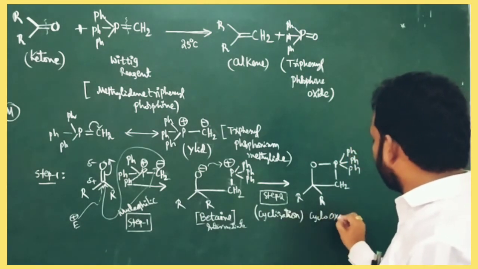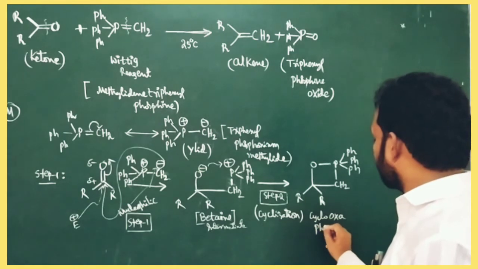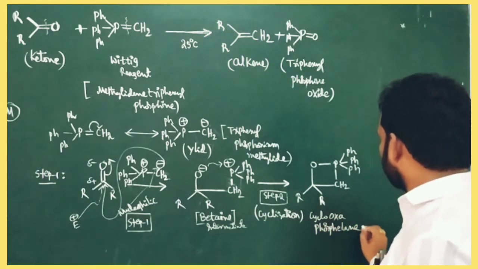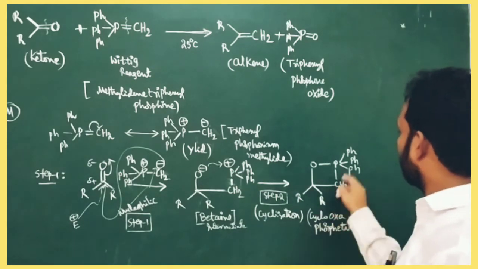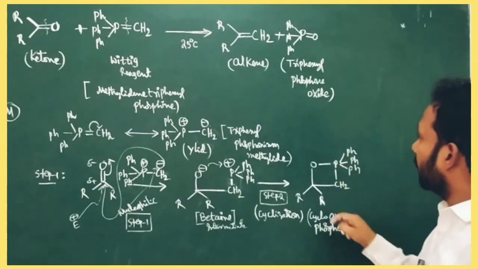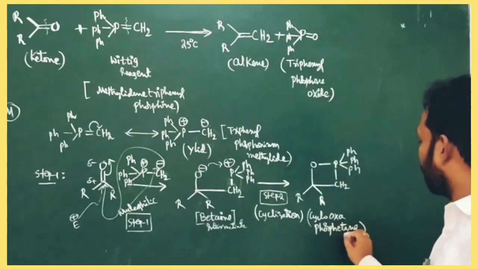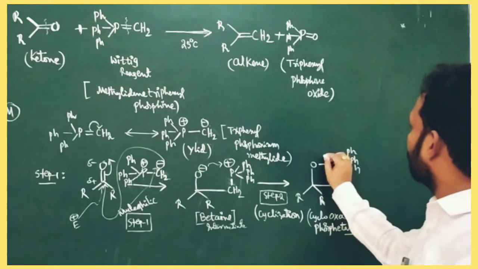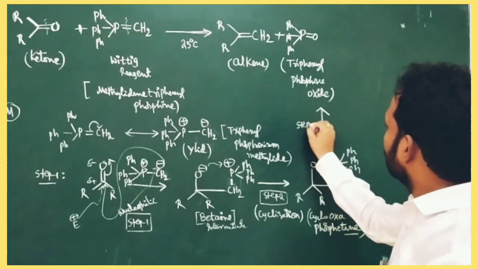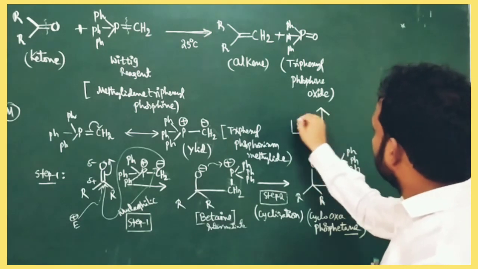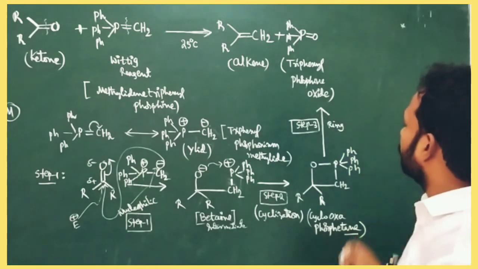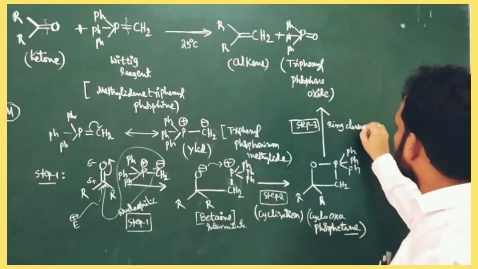Here the name of the product is oxaphosphetane. Here cyclo means cyclic, oxa means oxygen, phosphorus is present. So the name of this ring is oxaphosphetane. This oxaphosphetane is further involved in step 3. This step is a ring opening step or ring cleavage step.